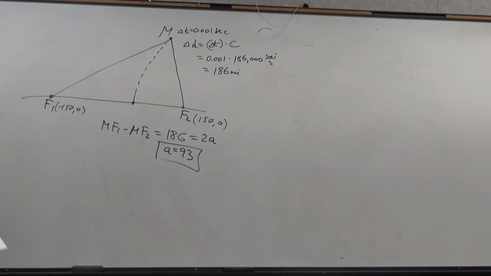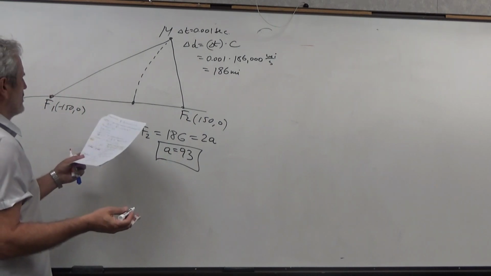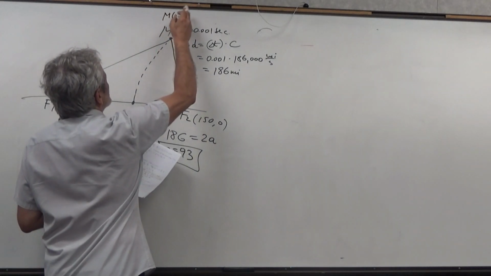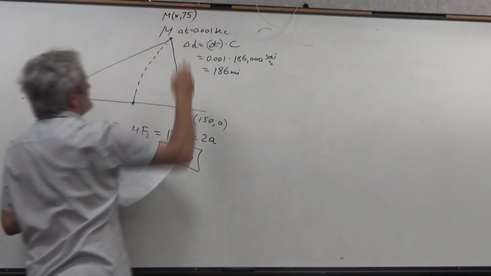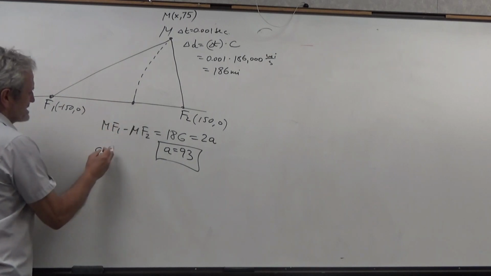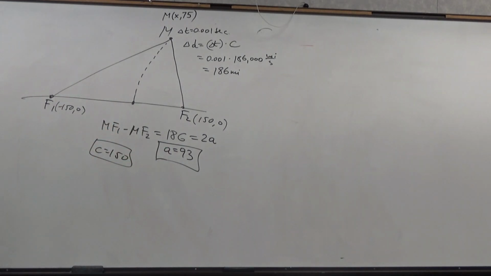Let's say they gave us that point where the boat is: x, they don't tell us what it is, and y is 75. So in that hyperbola, we know that c is 150, and we know that a is 93.